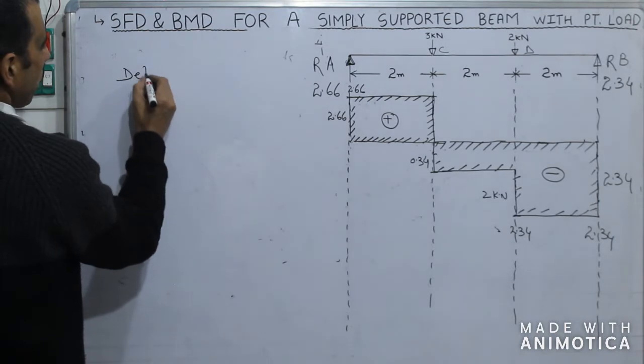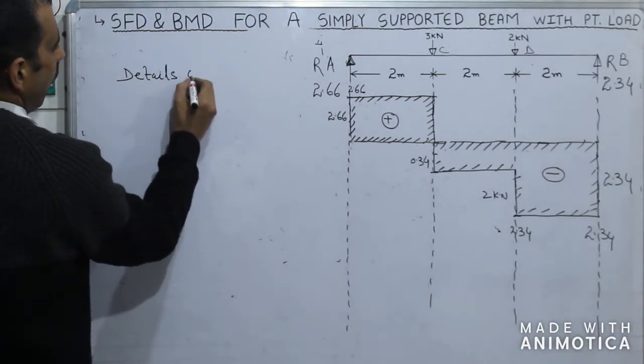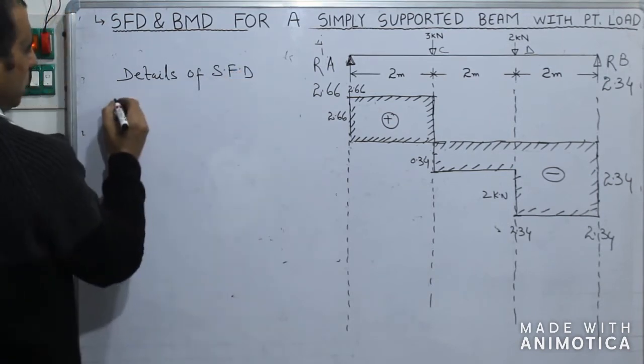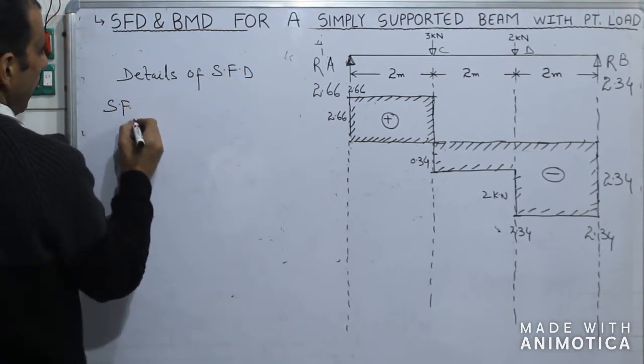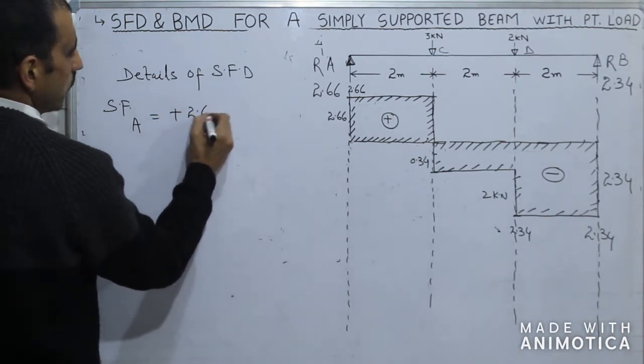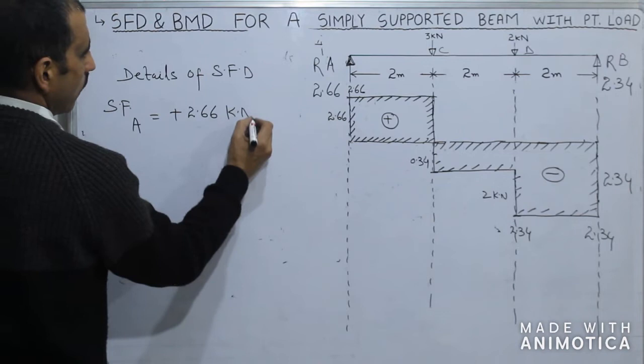Details of shear force diagram. Shear force at A is positive 2.66 kilonewton.